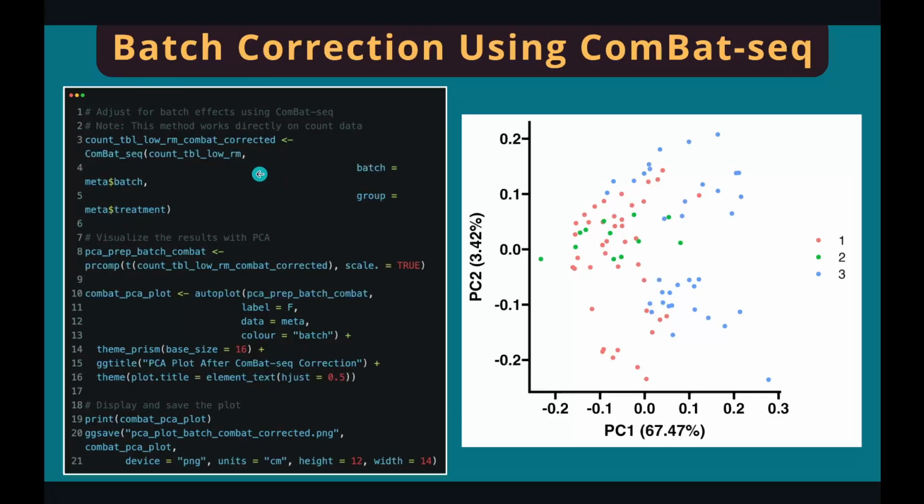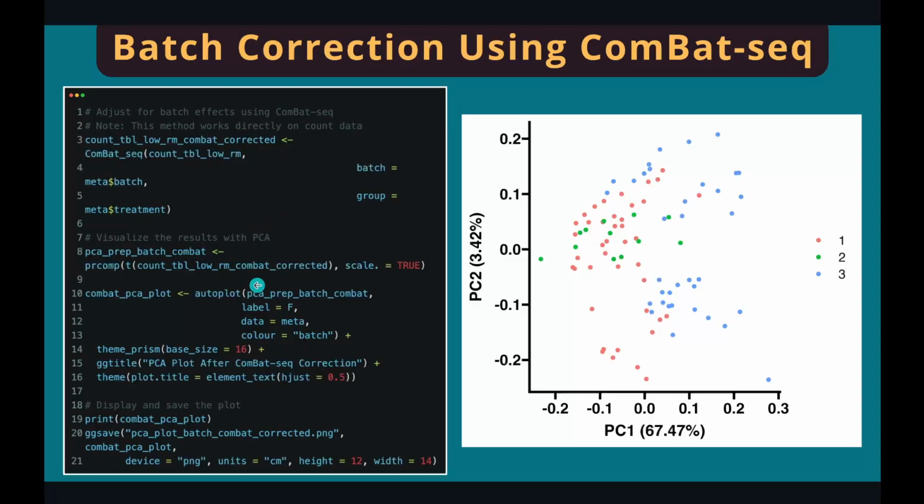So the rationale is to remove the batch effects and preserve the treatment information. The function will return another gene expression matrix in the same format, but with different values.